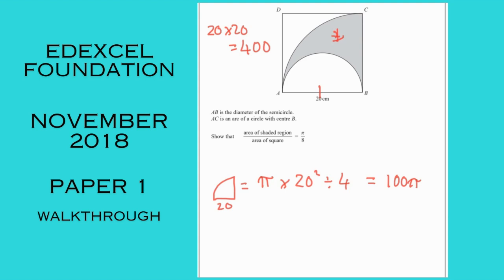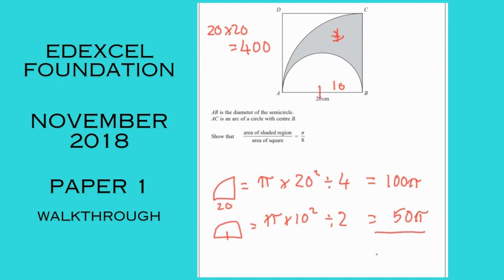Now let's look at the semicircle. Now the semicircle has a radius of 10. So it's pi times the radius squared, but this time it's a semicircle, so it's halved. 10 squared is 100, halved makes 50.